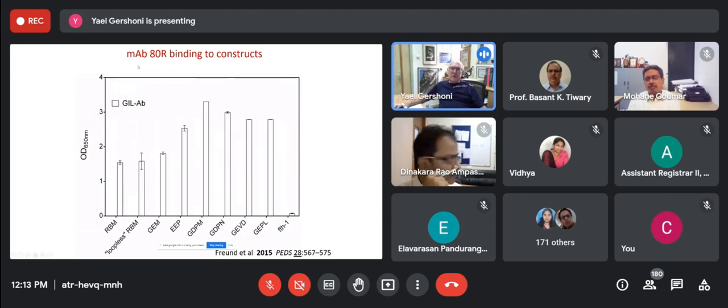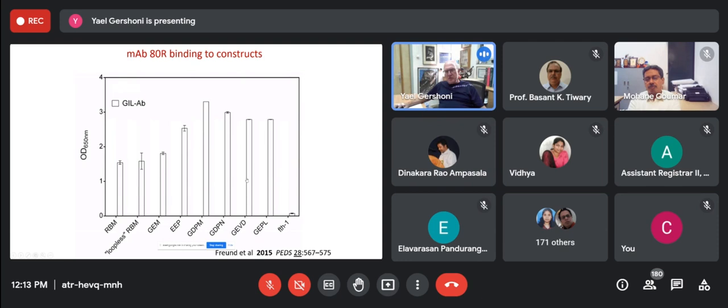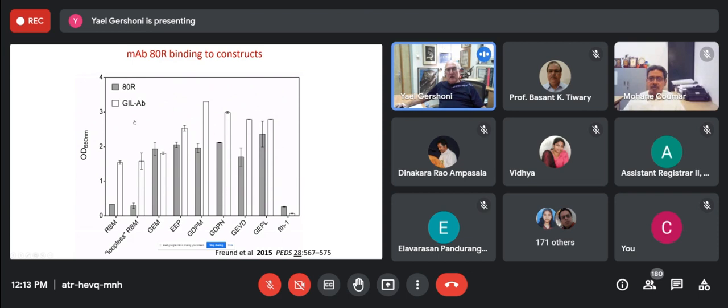And here you can see a graph which shows you a histogram in which, first of all, we monitored the actual expression of the RBM by phage display. So this is telling us that in each one of these linkers, there is expression. And then we went on to test, do these linkers reconstitute a physiological structure which recognizes the neutralizing antibody ADR.